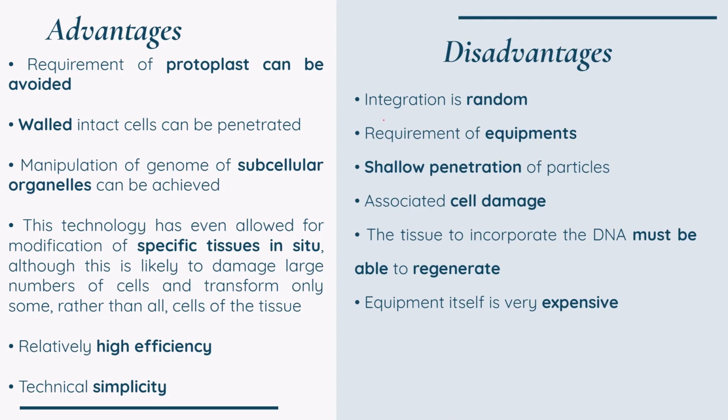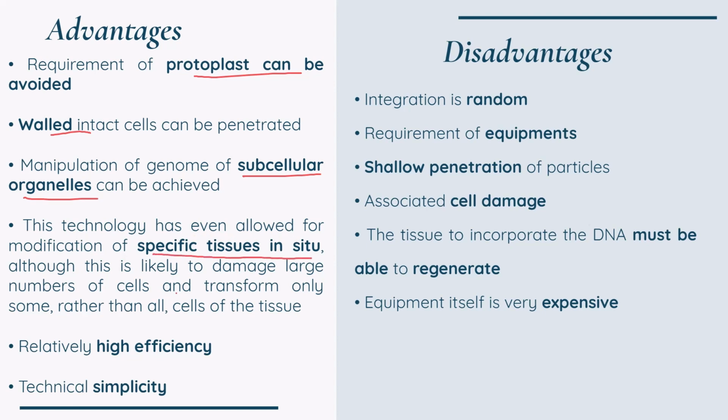Advantages: the requirement of protoplasts can be avoided. As I said, plant cells can be used directly because enough pressure is there for the genetic material to penetrate the cells, so no problem occurs. Walled intact cells can be penetrated, and manipulation of the genome of subcellular organelles can be achieved. This technology has even allowed modification of specific tissues in situ.